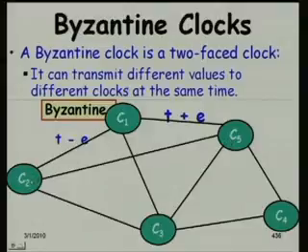But here also it is within bound, but it is showing two different values. Now, if they compute the average, there will be a difference in time, but how much difference in time? If there is a Byzantine clock and we know that the maximum drift between clocks is let us say rho into delta t.